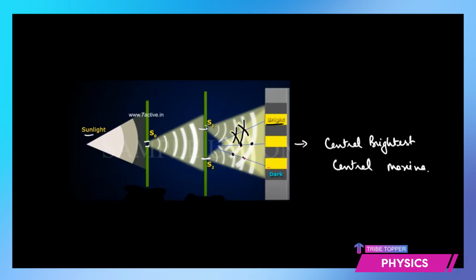Let's find out the relationship between the fringe width, or the gaps between the fringes, the distance between the slits, the distance between the screen and the slits, and the wavelength. There is a relationship that is going to be very, very important. As you can see here, we have taken small d, marked here, which is the distance between the two slits.